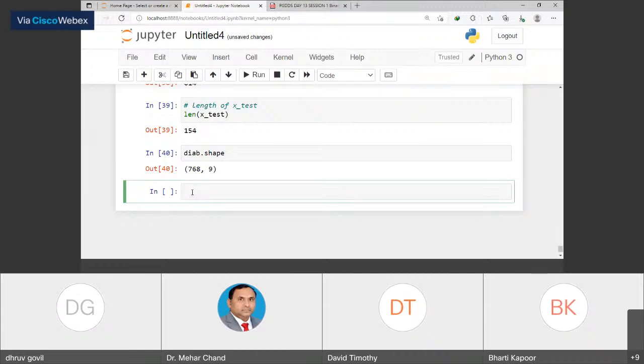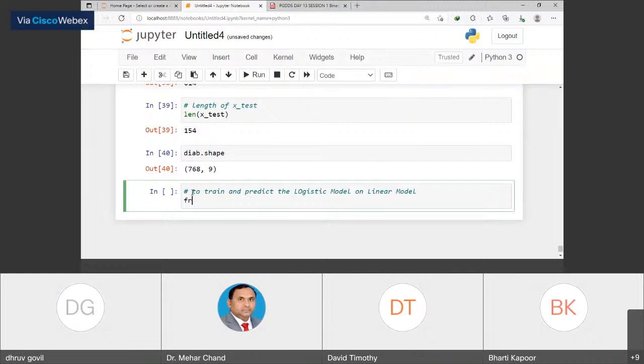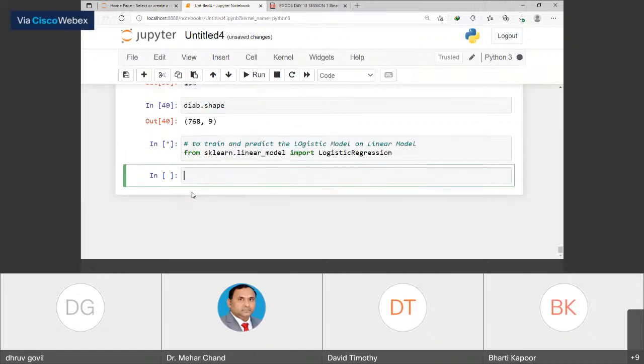Okay, now we move on to logistic regression. We fit and predict the logistic model here. So now from sklearn dot linear_model, import logistic regression. Guys, there are lots of functions that we need to remember.